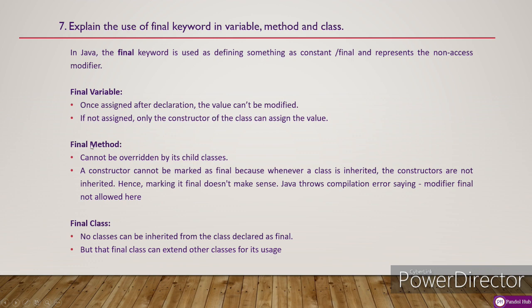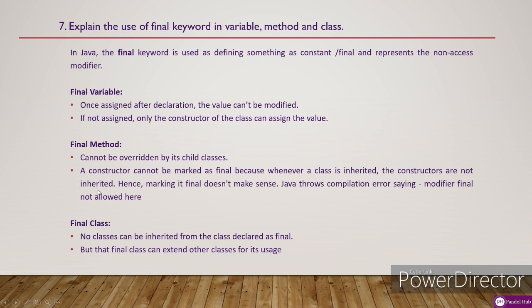So going on with final method, when a method is declared to be final, it cannot be overridden by its child classes. The child classes are nothing but the derived classes which are created using the extend keyword of the parent class. A constructor is also a method to our knowledge. But the constructor cannot be marked as final because whenever a class is inherited, the constructors are not inherited.